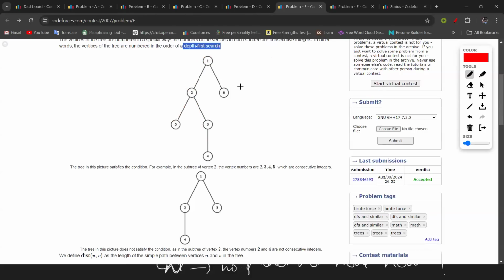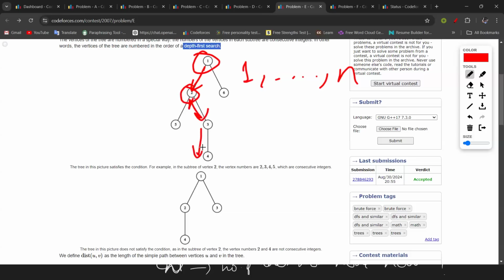integers. So in this tree, there would always be a way to get a pre-order having consecutive numbers from 1 to n. So basically, 1 is the root, after that you would have 2 as its immediate child, and for 2, if it has some child, it would have 3 as its child.